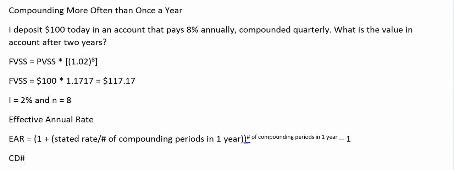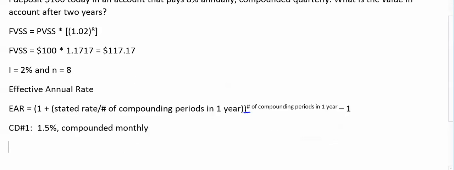Let's say you're evaluating certificates of deposit, and the first one that you've looked at is offering you 1.5%, we'll say, compounded monthly. So they're going to pay you interest every month, not 1.5% every month, but 1.5% divided by 12 every month.